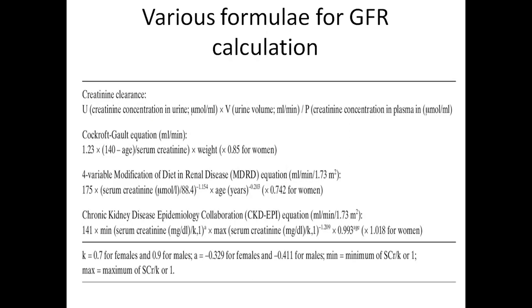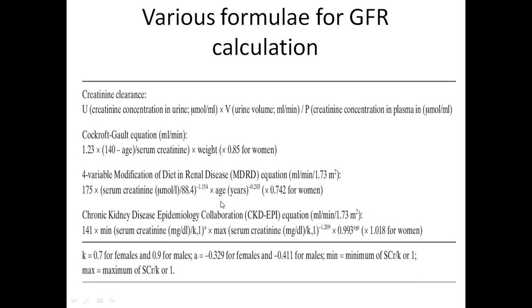That includes the Cockcroft-Gault equation, the MDRD equation, that is Modification of Diet in Renal Disease, and CKD-EPI, chronic kidney disease epidemiology collaboration equation. These are the commonly used equations for measurement of GFR, known as eGFR, estimated GFR based on serum creatinine and other variables.